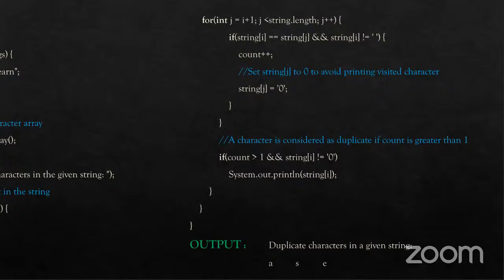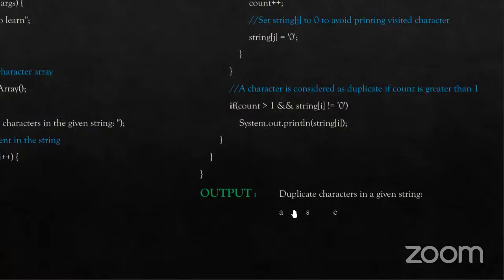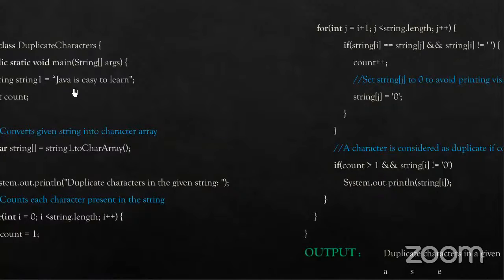So I am checking if count is greater than 1 and string of i is not equal to 0, then we just print string of i. So we will get the characters which are duplicated here.